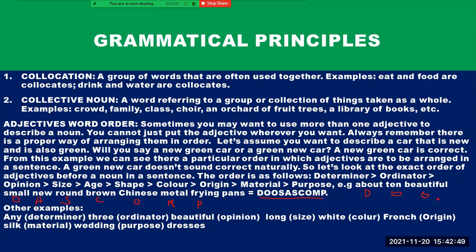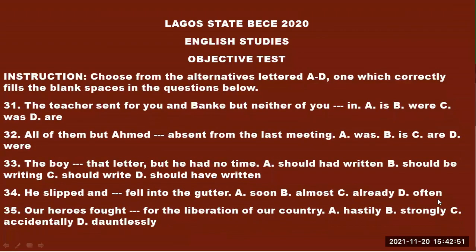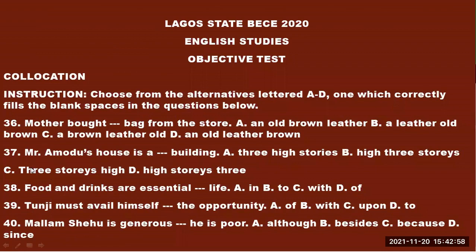So let's now head back to our question number what? 36. All right. Mother bought dash bag from the store. An old brown leather bag. This is correct because here an is determiner.